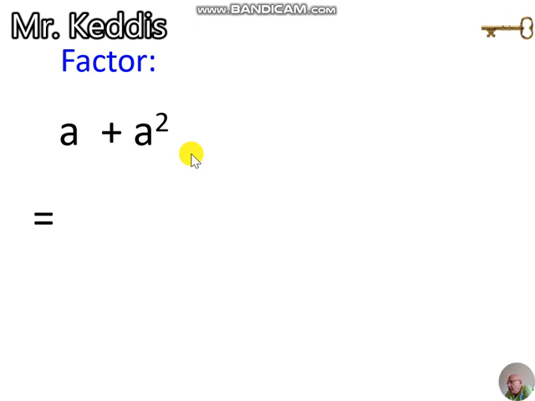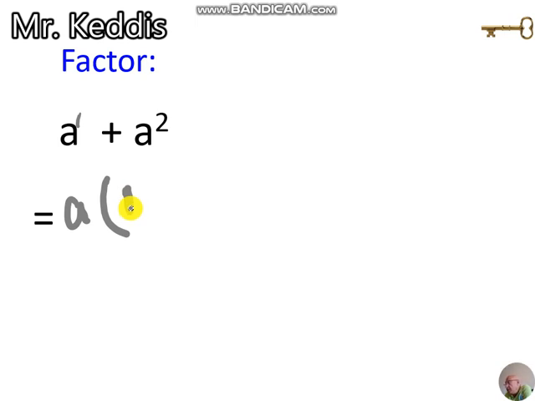You have a plus a squared. I need to factor this. This means a to the power of 1 and a to the power of 2, so I take the lowest power. I take a as the common factor, open bracket. A times what to get a? A times 1.